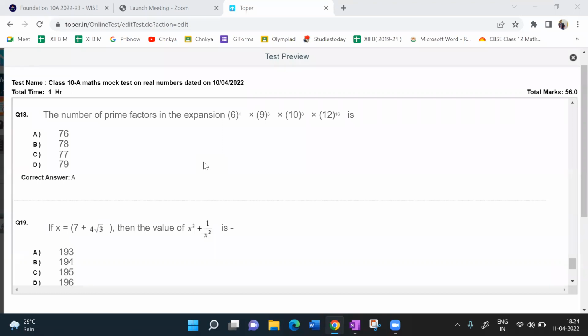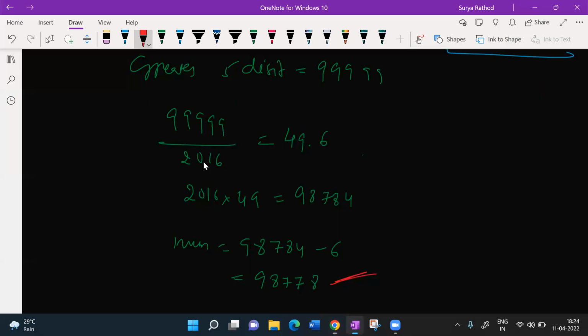Okay. Let me solve it. But someone said they got it. Who's that? No one responded. Right? Yes.